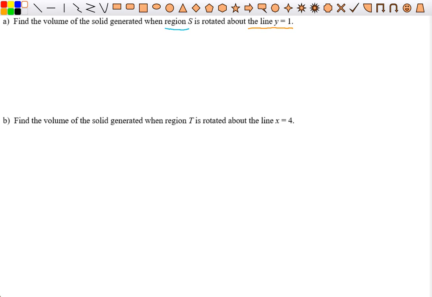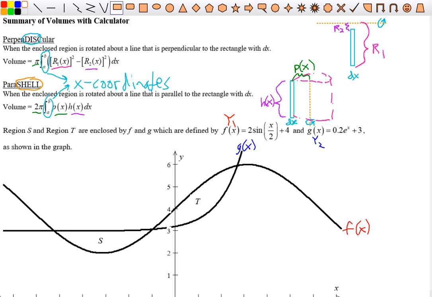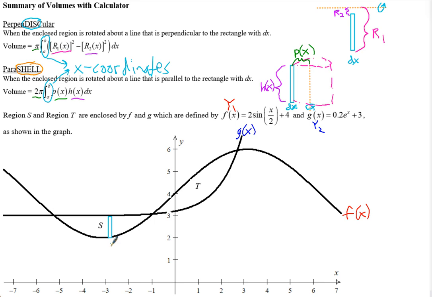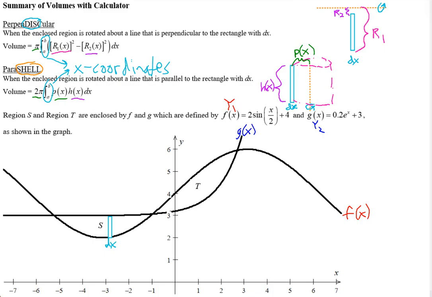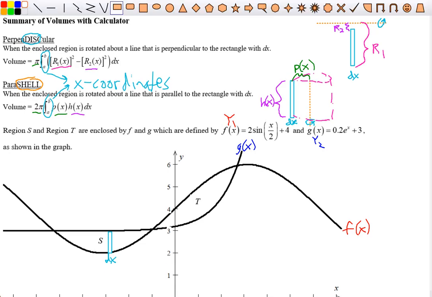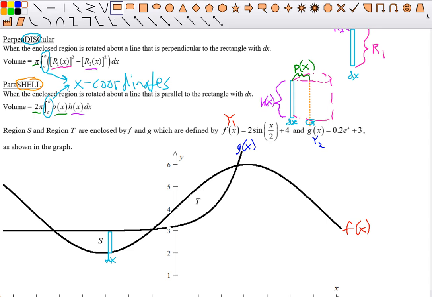So first, draw your vertical rectangle in region S, somewhere in here. Notice it always stays between the same two curves there, with dx. And then let's draw y = 1 as a dotted line so we don't confuse the region enclosed.